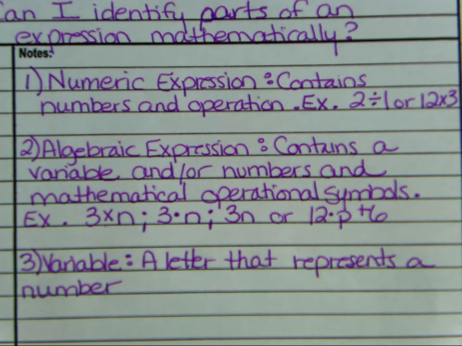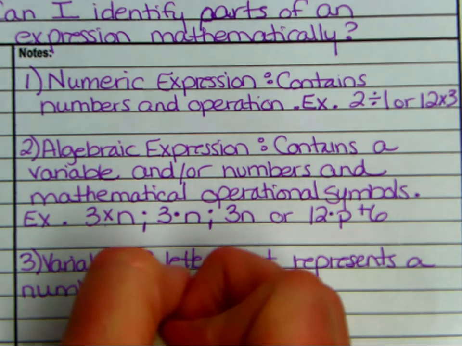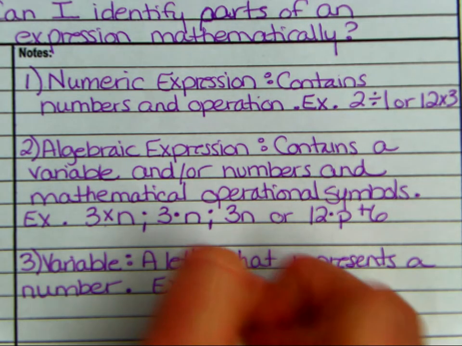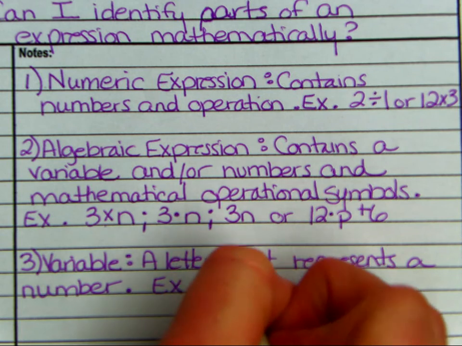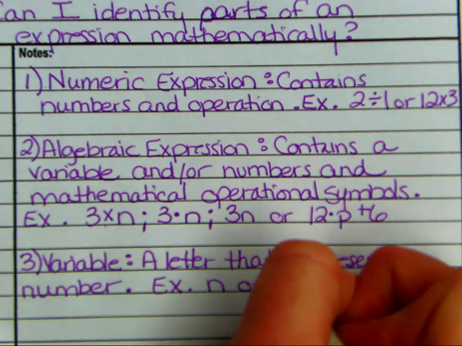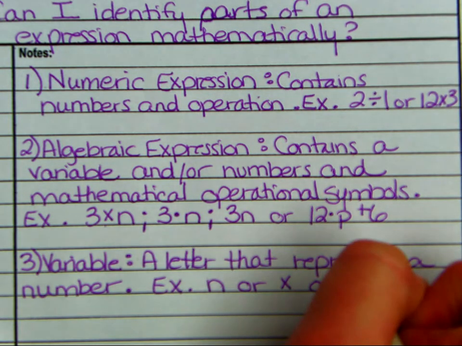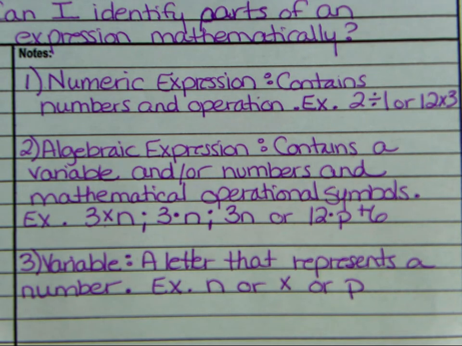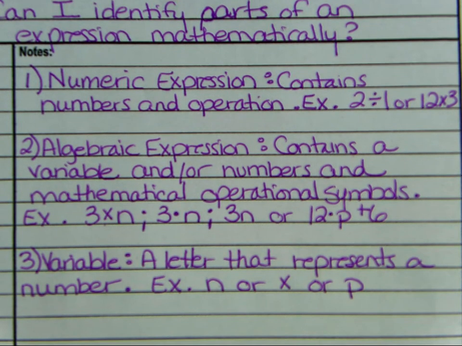Sometimes it is known. It just depends, but it always represents a number. And some examples of that could be n, or sometimes we use x, or we can use p, or basically any letter that we like to use. But those are some really common ones.